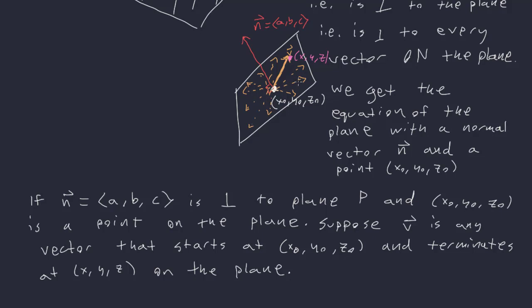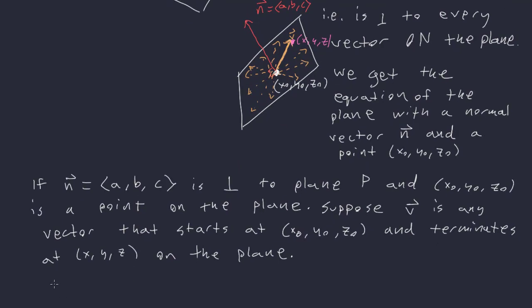I'm not assuming it's starting at the origin. It's starting at this point and going to this point. So that means that V is actually x minus x naught, y minus y naught, and z minus z naught.